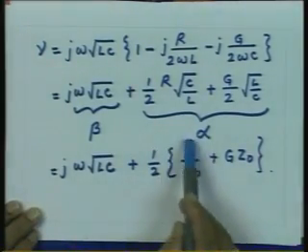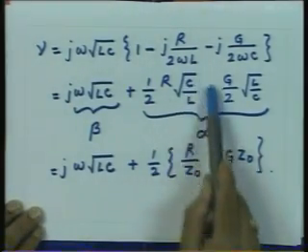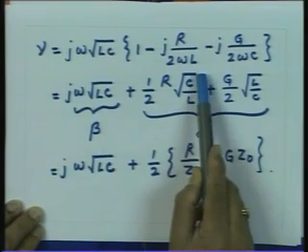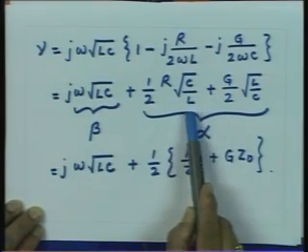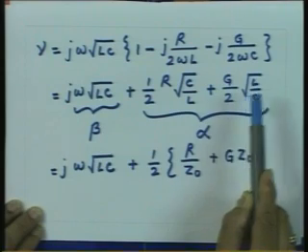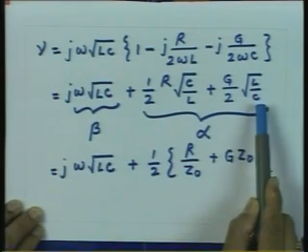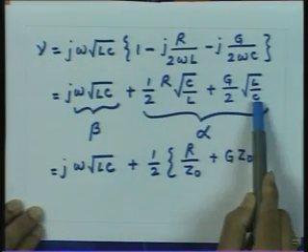Taking this value of alpha, I can multiply this quantity here by square root of L in the numerator and square root of L in the denominator. Similarly, I can multiply this quantity by square root of C in the numerator and square root of C in the denominator.